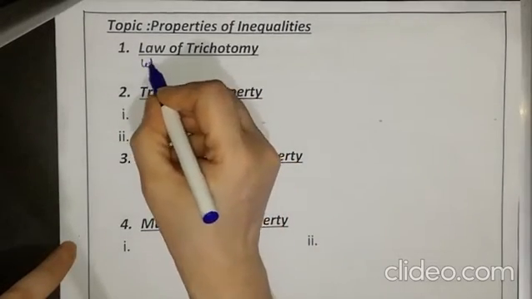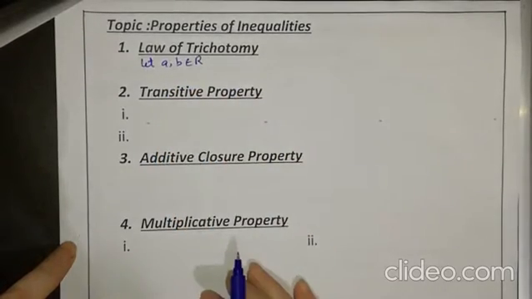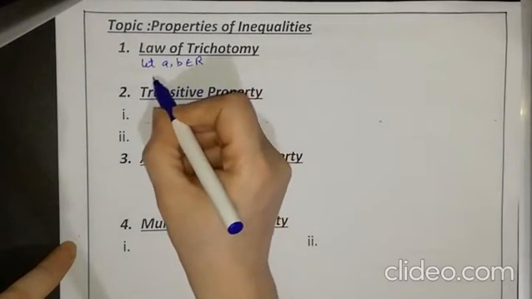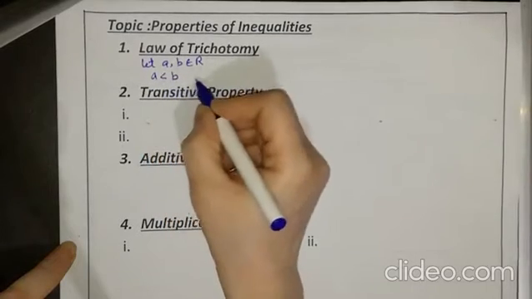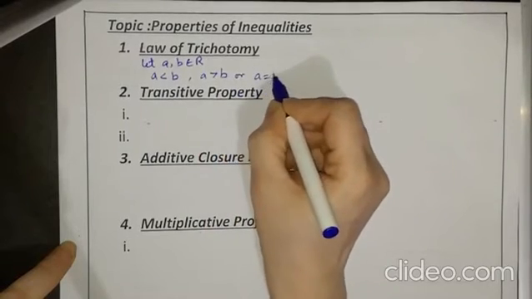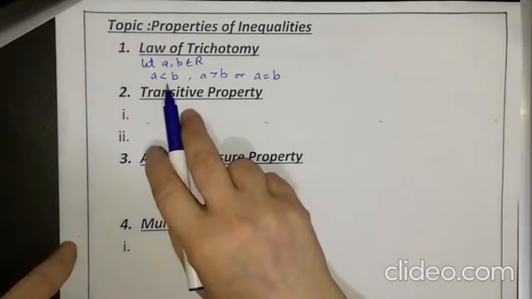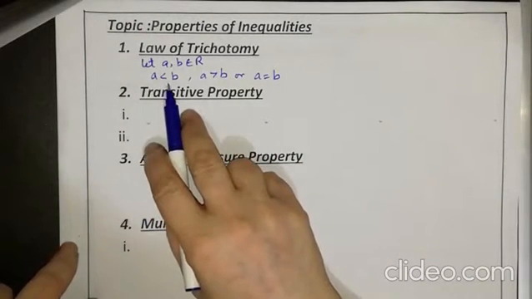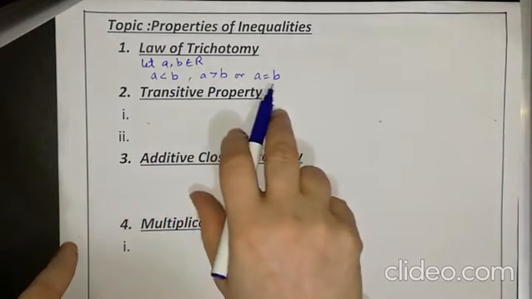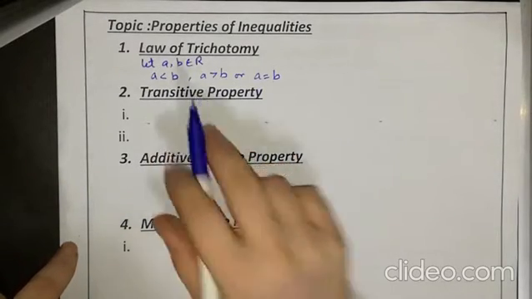For the law of trichotomy, let A and B belong to R. If you have two real numbers, then there are three possible conditions: A is less than B, or A is greater than B, or A is equal to B. So the trichotomy property means that at one time you have only one condition. Two conditions cannot be applied at the same time.